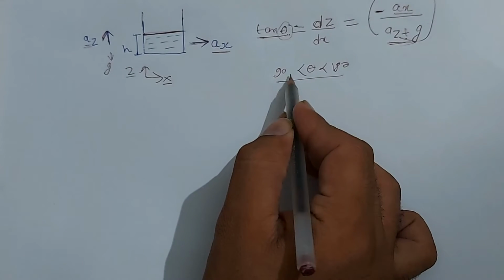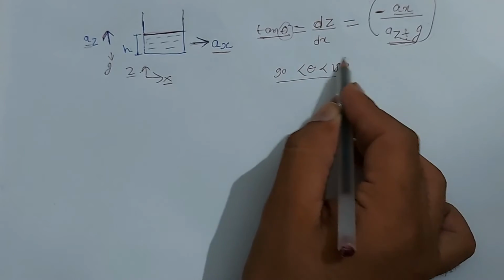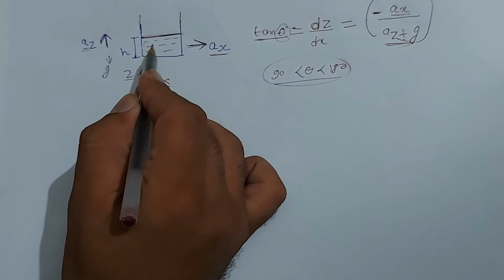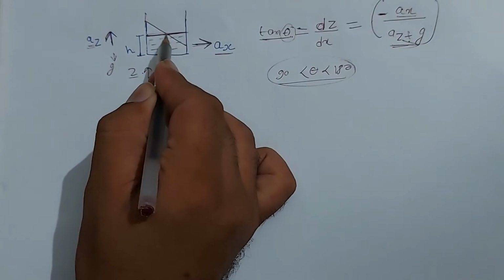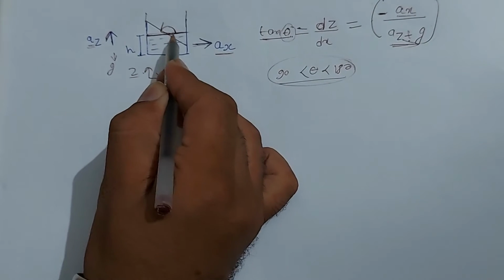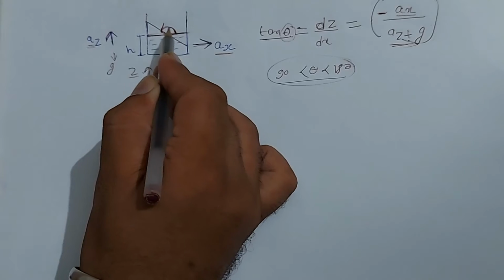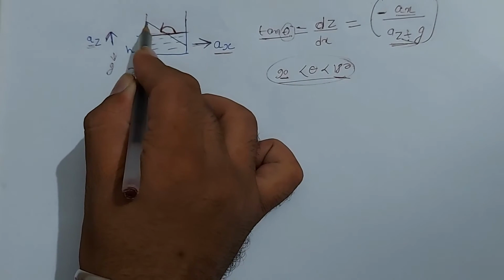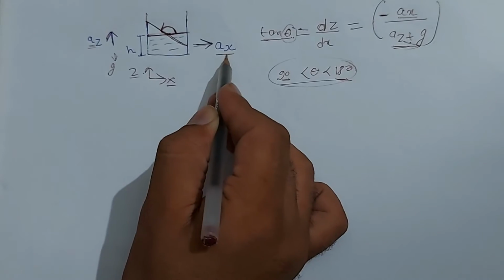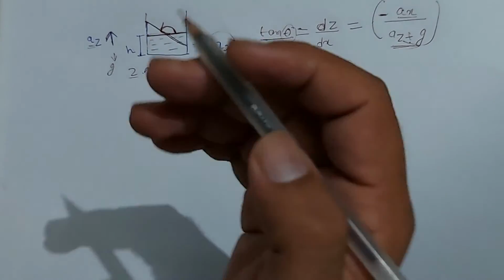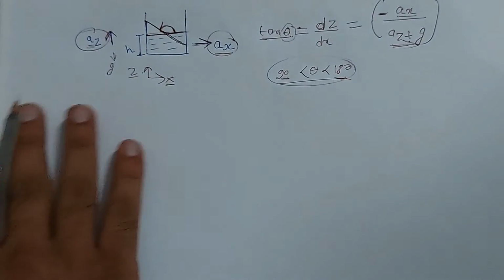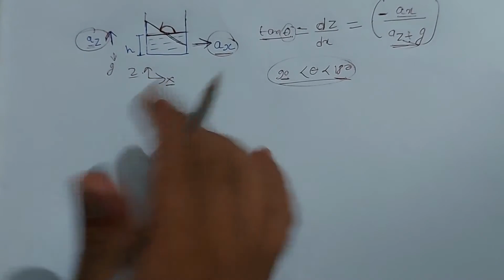So we can say that the inclination is between 90 and 180. That is, the line will not incline like this, it will incline like this. This is an angle greater than 90 but less than 180. So this would be the shape of the free surface under this kind of translational motion with ax and az as the acceleration. So this was basically a general case.